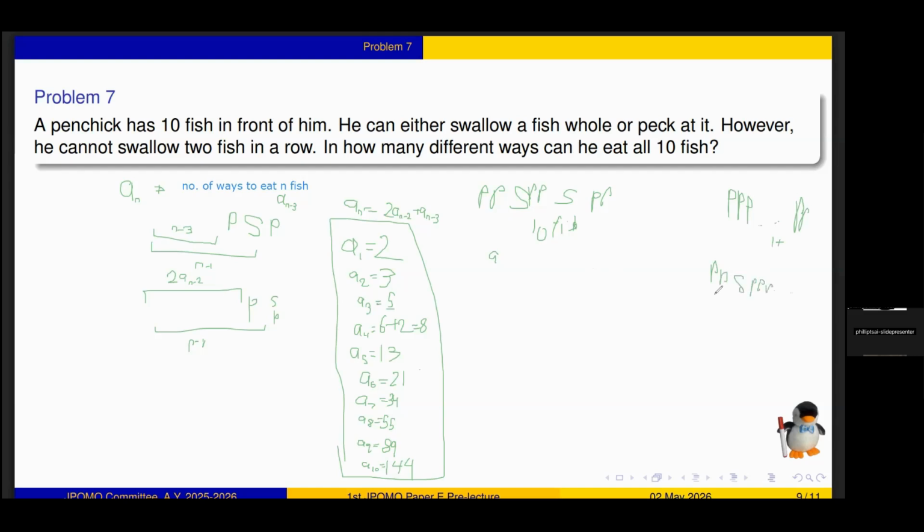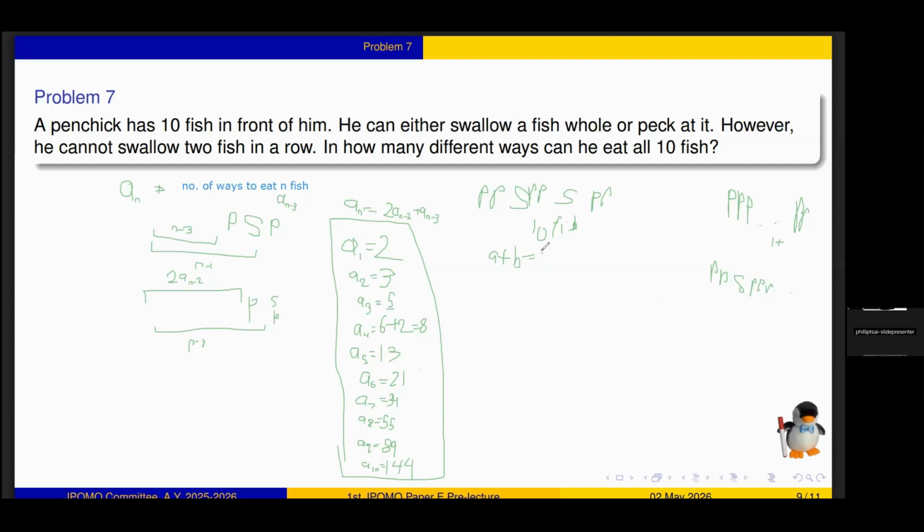Well, realize there are two groups now, and both of them can be zero. So it's basically finding all the ways to distribute nine stars or P's among the two bars.